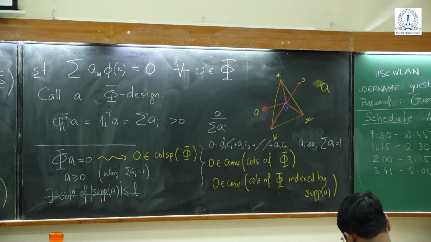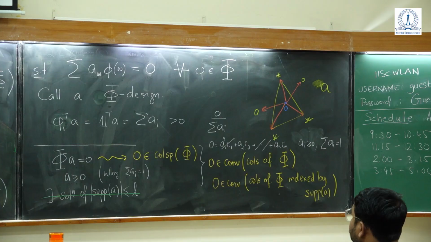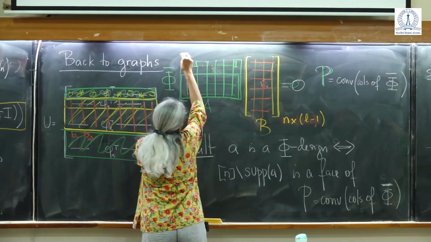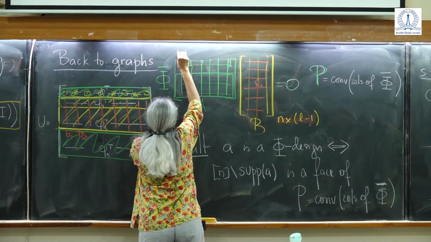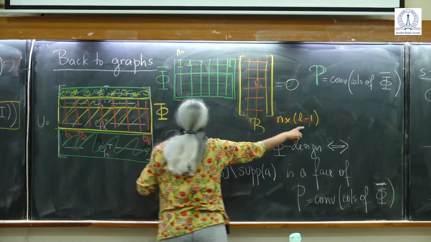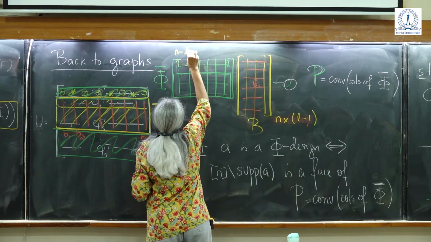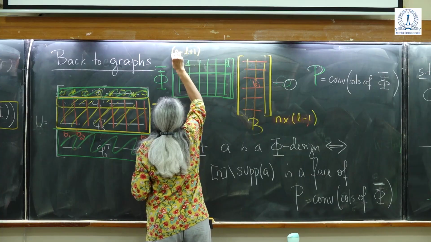So this is n by L minus 1, correct. That's the yellow part. Make it yellow. n by L minus 1. So then this should be n minus L minus 1, okay? So it should be L minus L plus 1 times n.